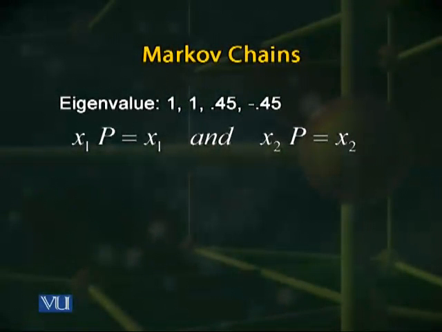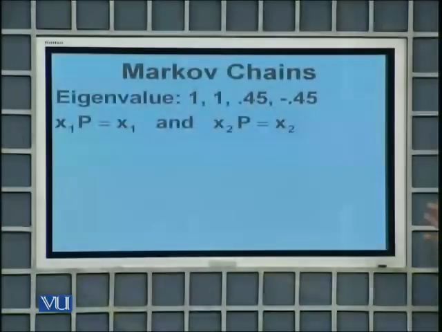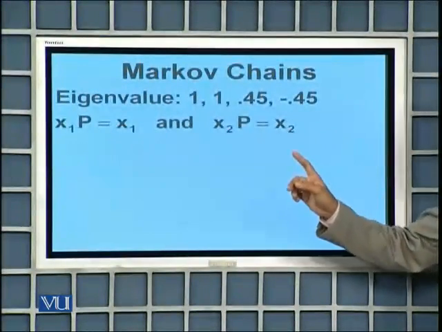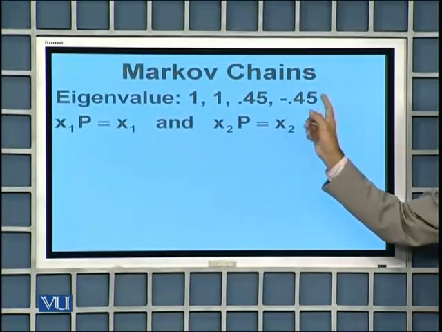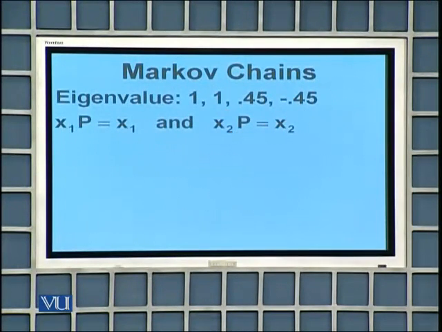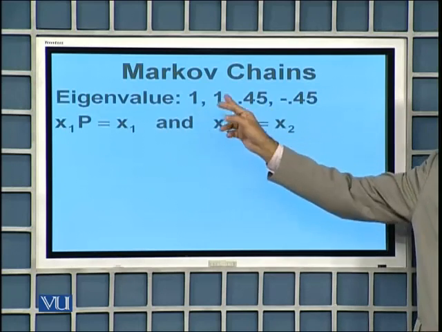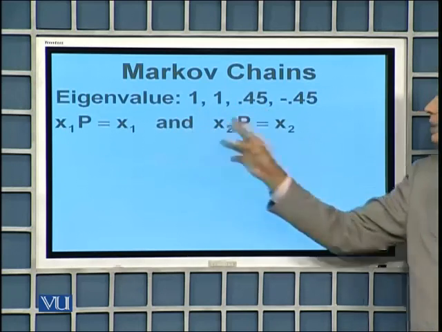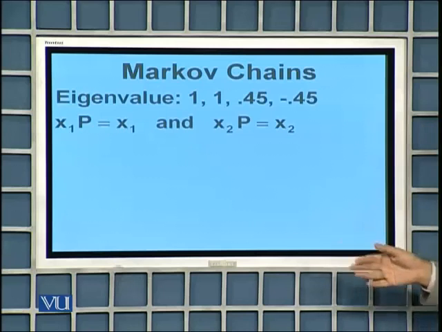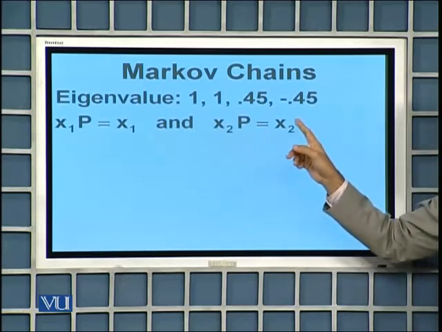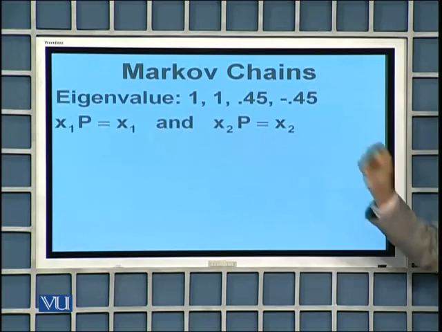In this slide, the eigenvalues of the one-step transition probability matrix for this Markov chain are 1, 1, 0.45 and minus 0.45. Let's assume that the two eigenvectors corresponding to these two eigenvalues are x1 and x2. For this particular case, they were 1, 0, 0, 0, that was x1, and 0, 0, 0, 1, that was x2.